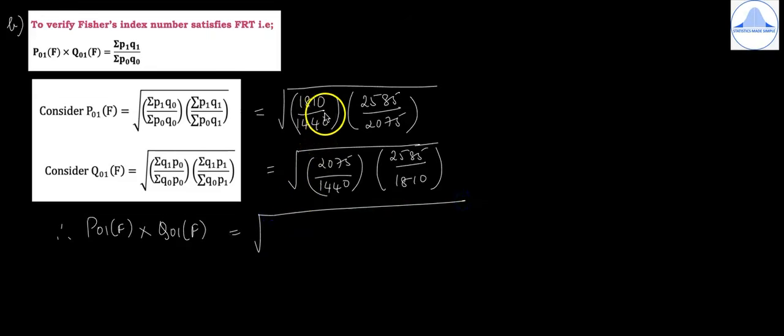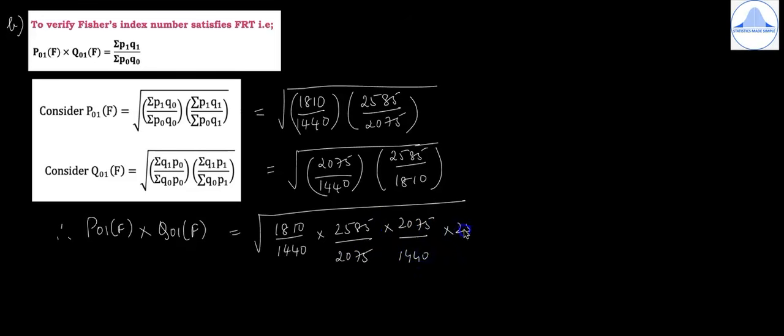Now you will observe that all the terms will not get cancelled, but only 4 terms will get cancelled. So observe carefully and cancel out the totals which are the same. So 1810 will get cancelled and 2075 gets cancelled, which is equal to root.